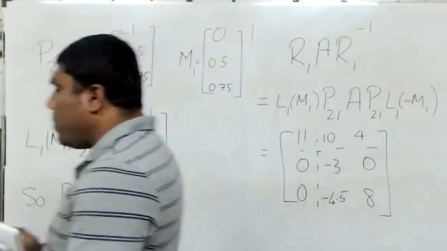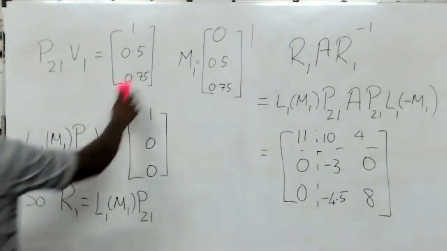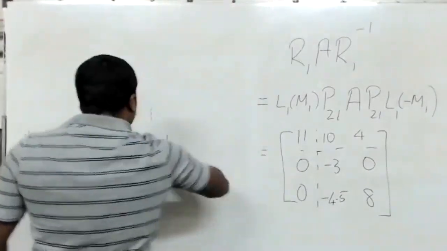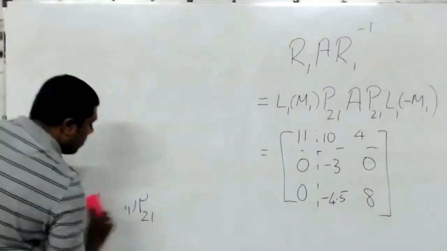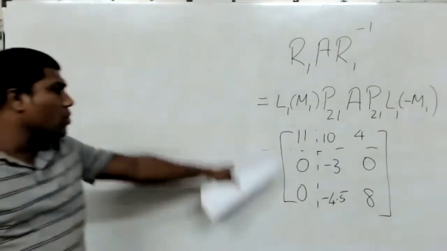Once you finish the multiplication, you will get a matrix which looks like this: 11, 0, 0, 10, minus 3, minus 4.5, 4, 0, 8. So in this case, now you can see what is your A1. This work has nothing to do with what you learned today.